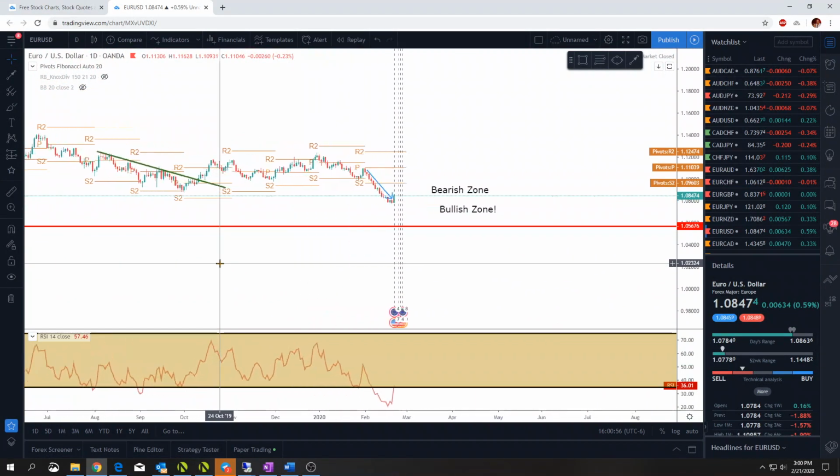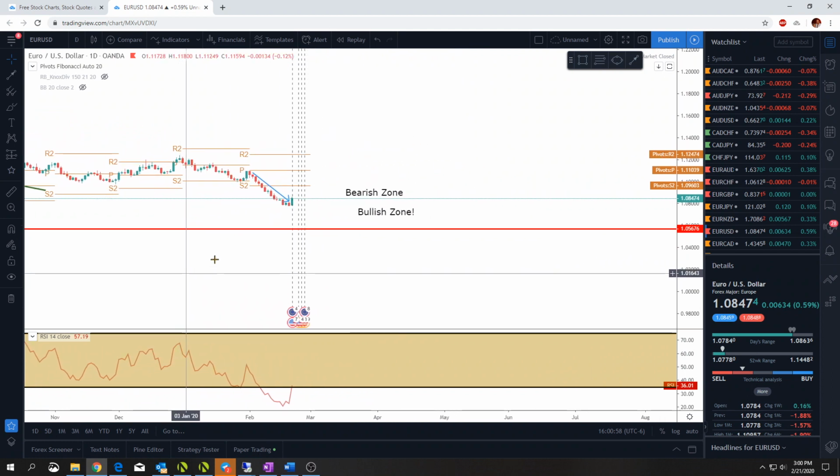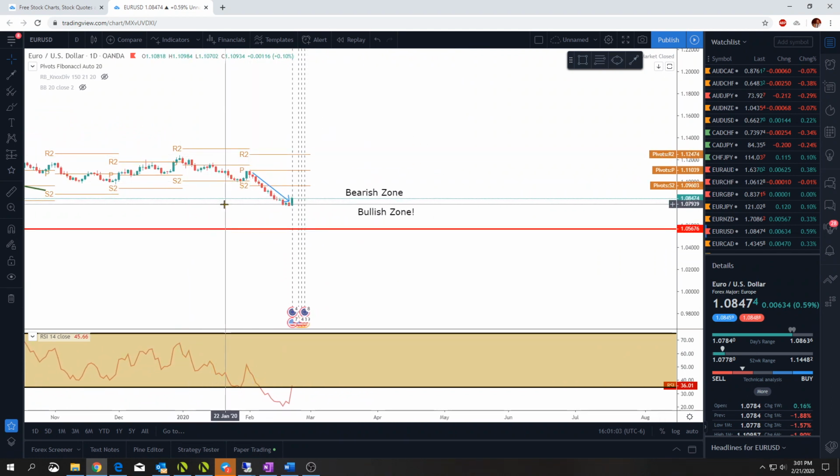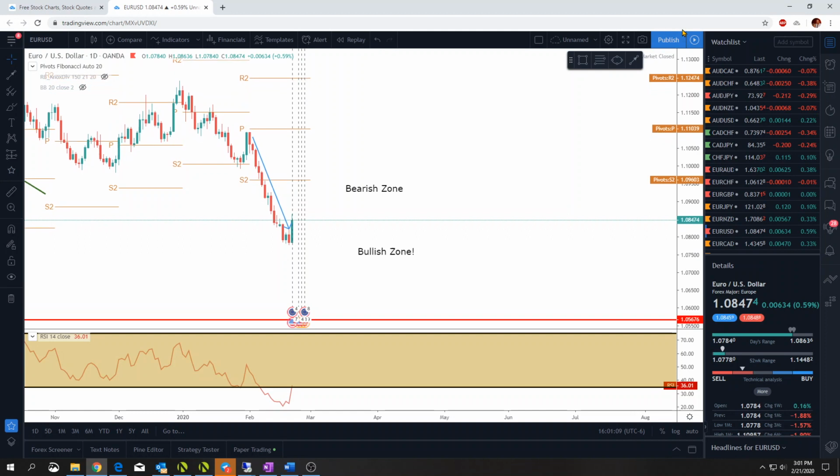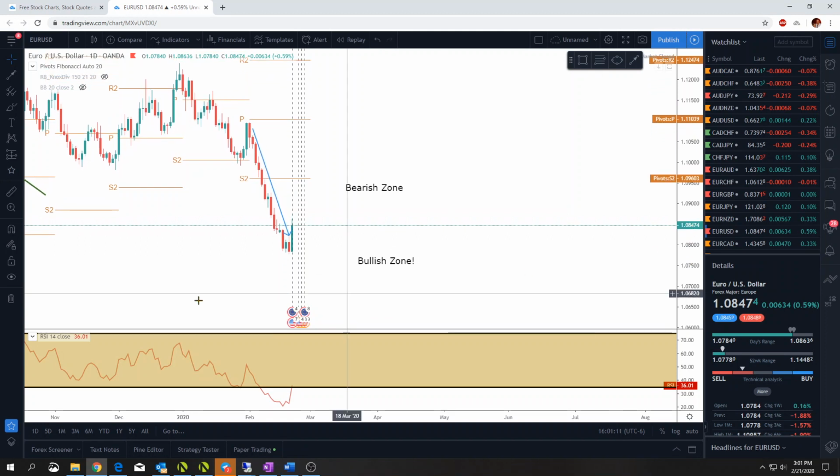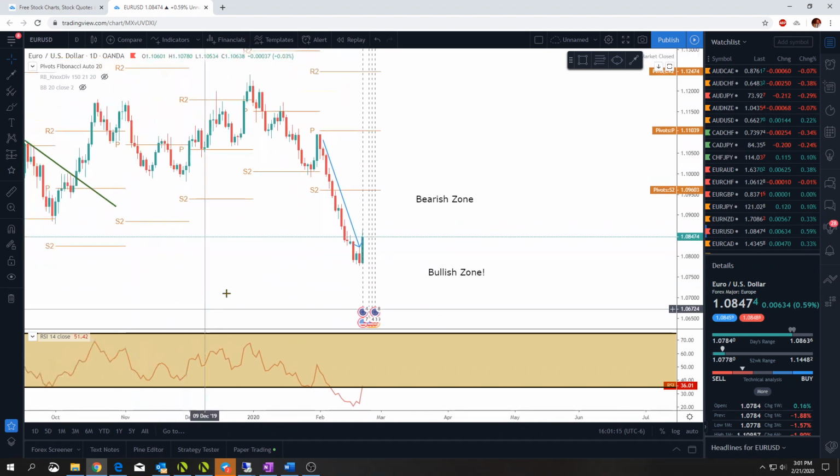Downward trend, right? I mean, all you've heard is the Euro US dollar is just plummeting, right? And again, I want to show you guys an example. So this works on pretty much any time frame. The daily is a lot more probable, but you're going to have fewer trades.